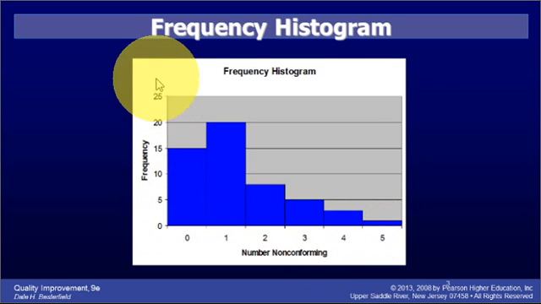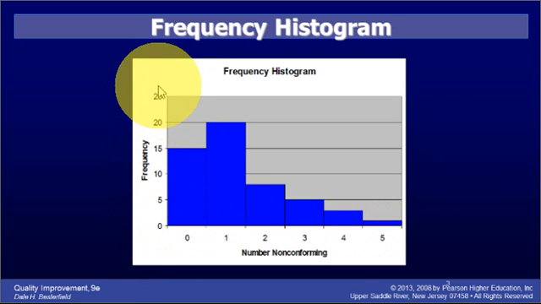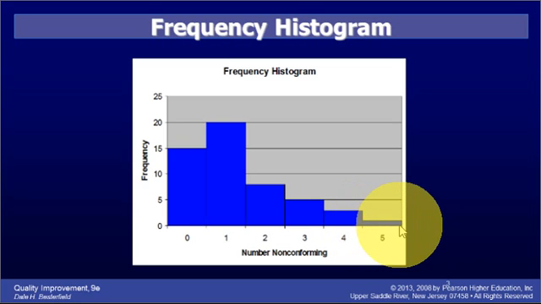And the vertical axis stands for the frequency, aka the count of each class. So we can tell that there are 15 days without a billing error, and there are 20 days with one daily billing error. And we can see that these frequency shows some descending phenomenon relative to the number of non-conforming units.